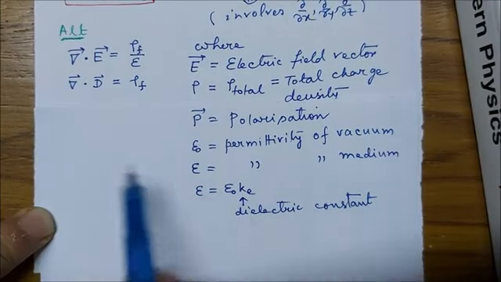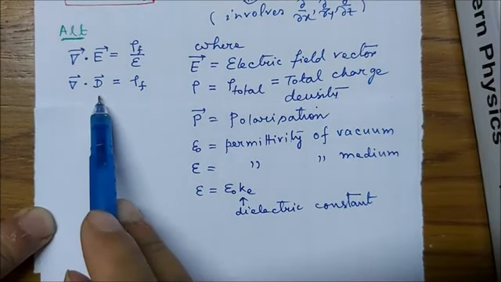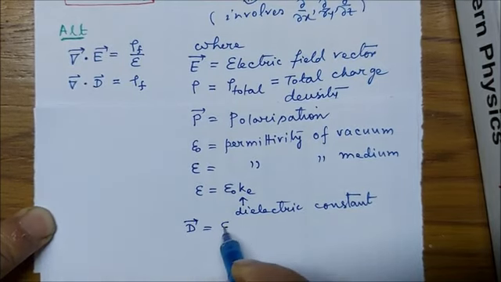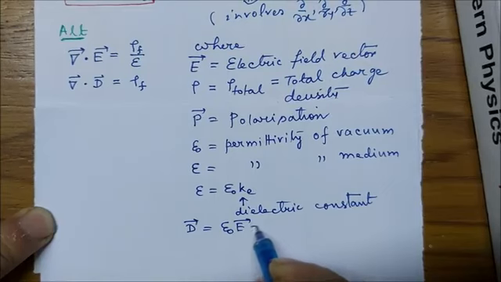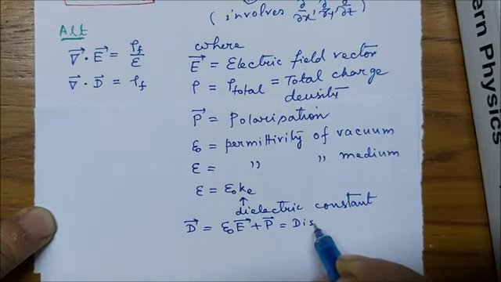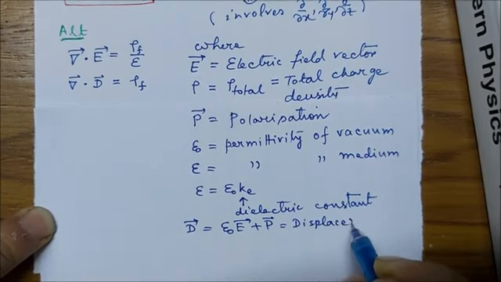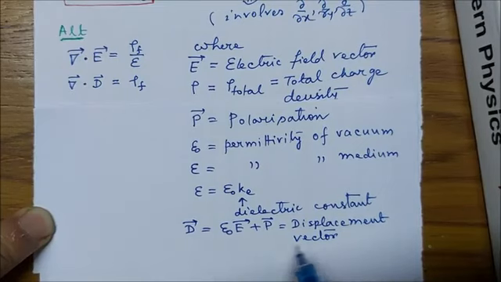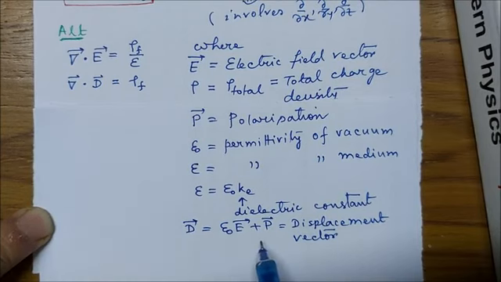and vector D is called the displacement vector, and is related to the electric field and polarization through this equation in SI unit.